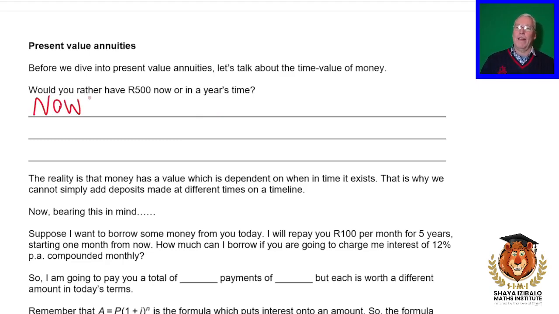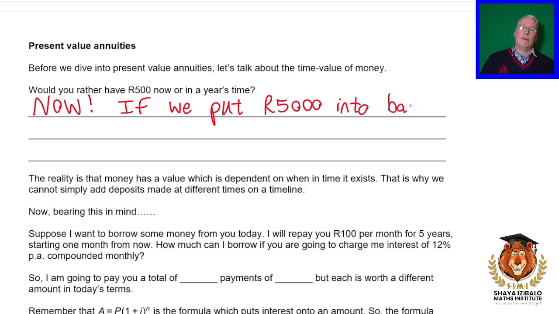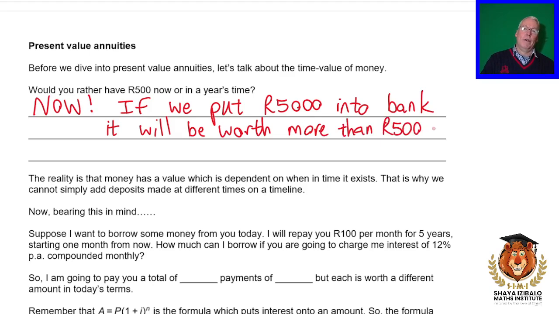Okay. All right, and the reason for that is if we invest the 500 Rand, if we put the 500 Rand into a bank, it will be worth more than 500 Rand in 1 year, because it will have earned interest.